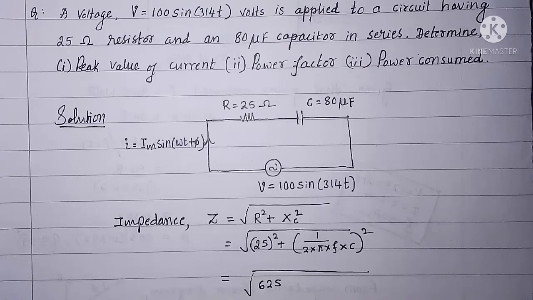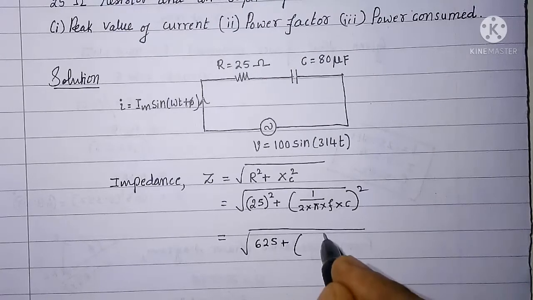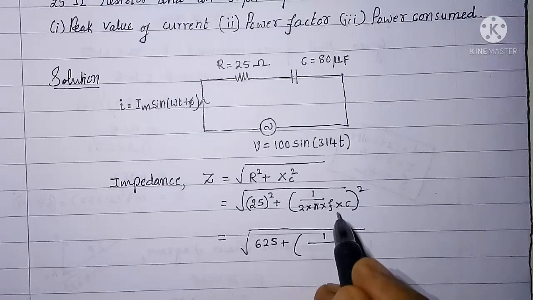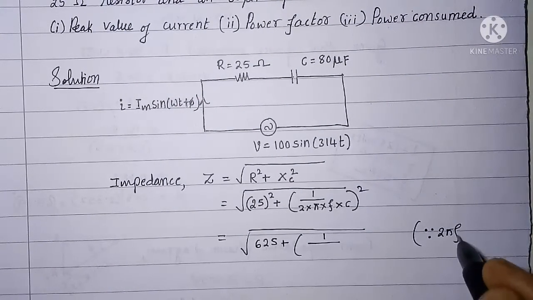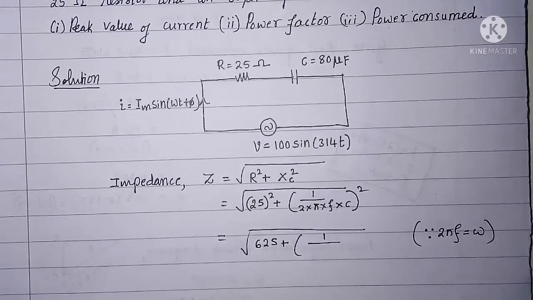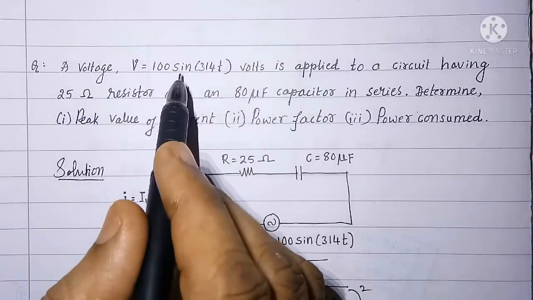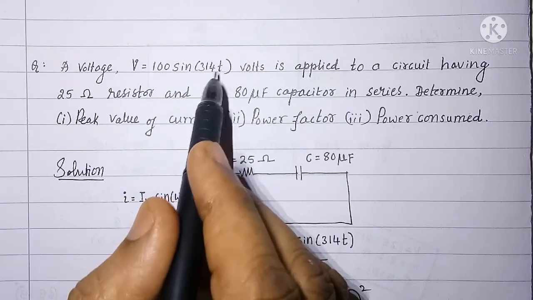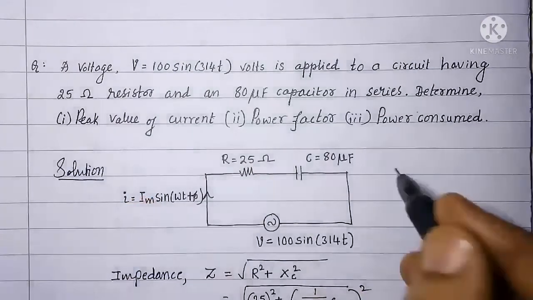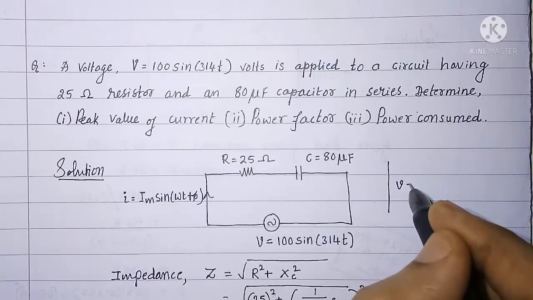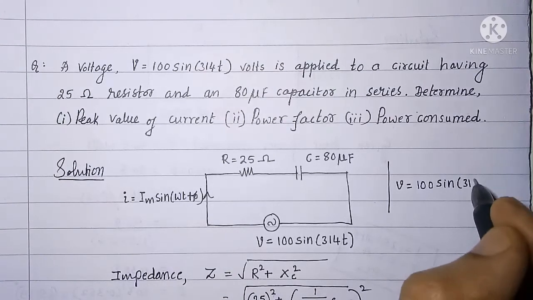That will become 625 plus 1 by 2 into pi into f is what? 2 into pi into f is omega. And from the expression V equal to 100 sine 314t, omega value can be obtained as 314.